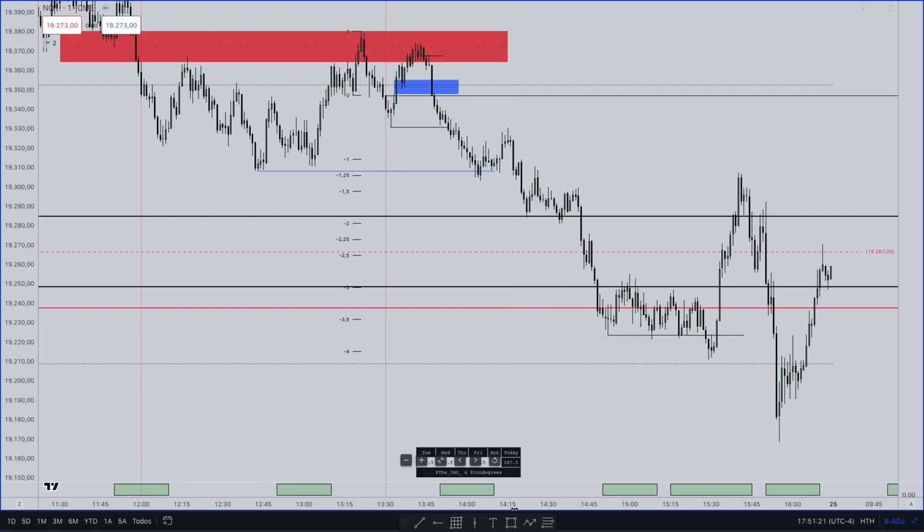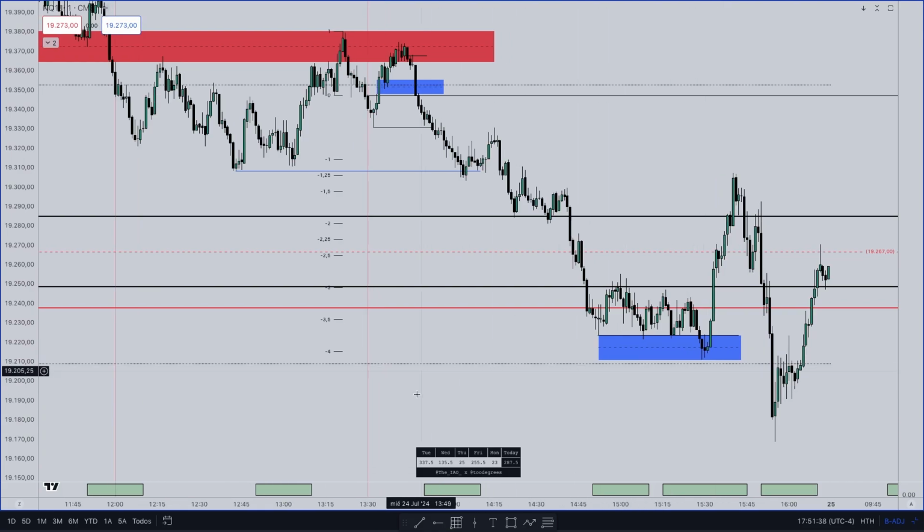This is an area below this swing here where smart money is going to accumulate longs, or not accumulation because we are in a short program, but they are going to unload the trades.